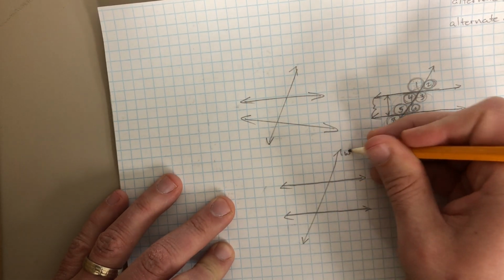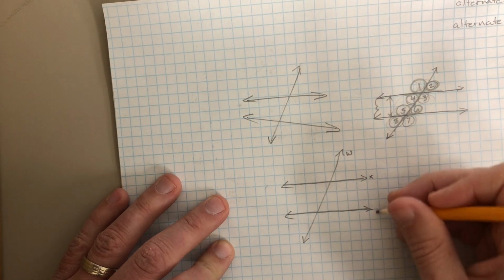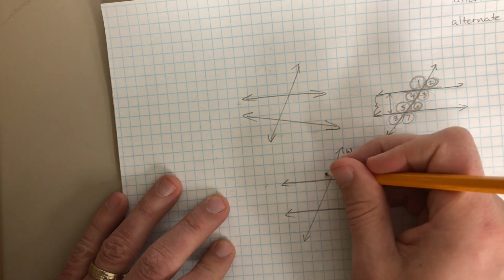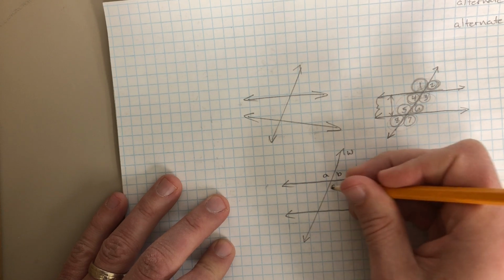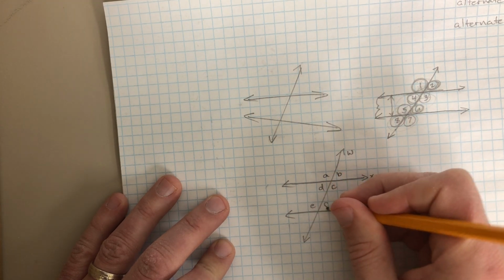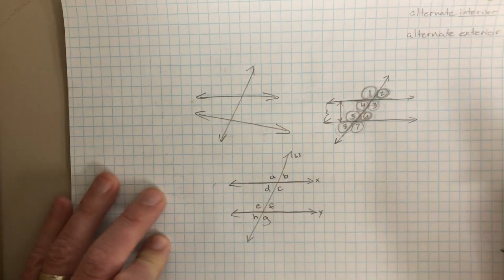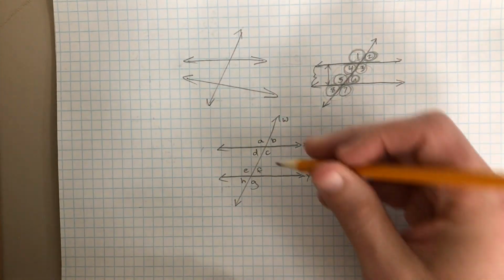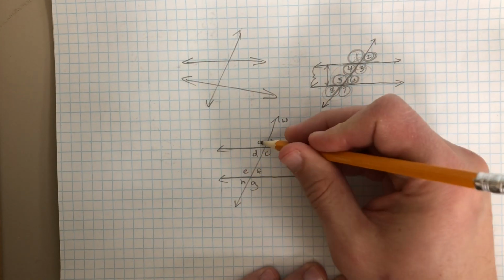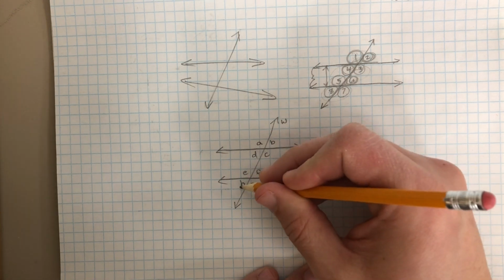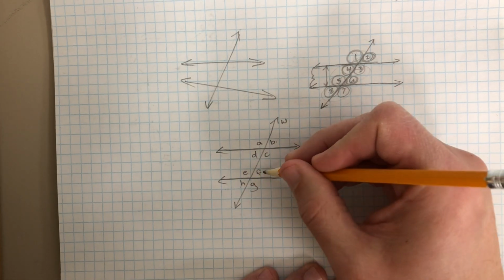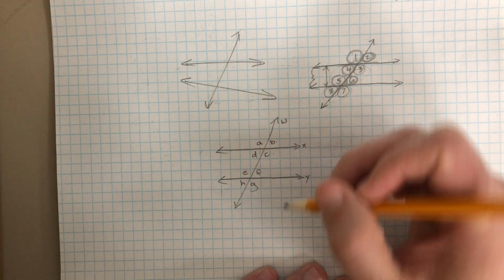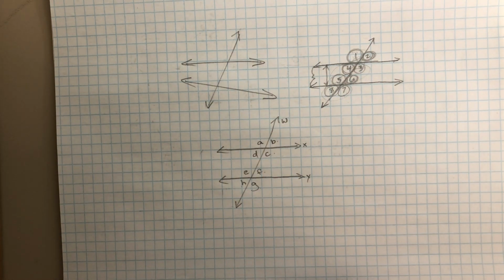This transversal we're going to name W. This is line X, this is line Y, and I have angles A, B, C, D, E, F, G, and H. Letter A says name the pairs of corresponding angles. What angles are in the same place? A is in the same place as E, so A and E, D and H, B and F, and C and G. Those are all the corresponding angle pairs.